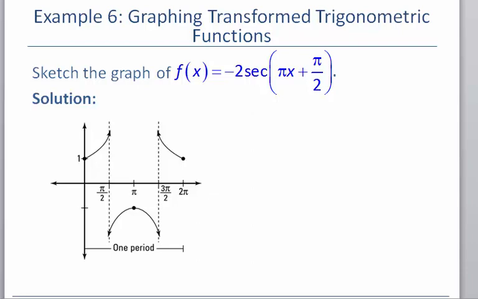So on the screen we have a picture of our secant graph. So this is the graph of f of x is equal to secant x. And if you recall, when we began this section, we talked about how to draw that secant graph.